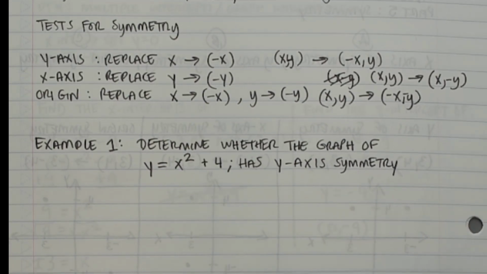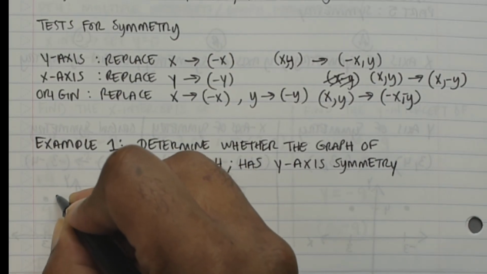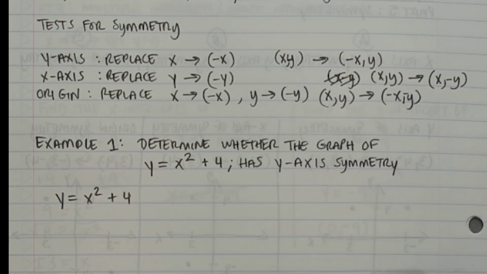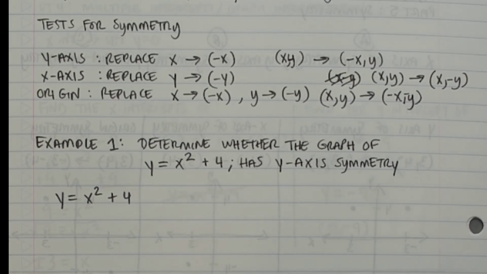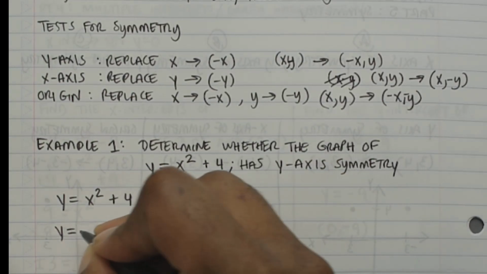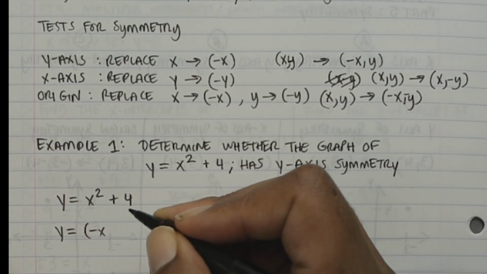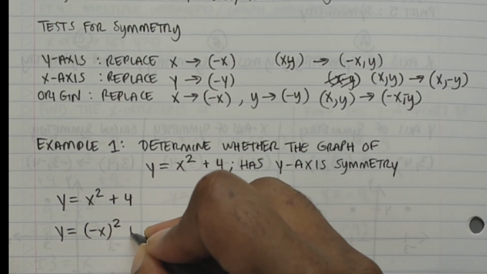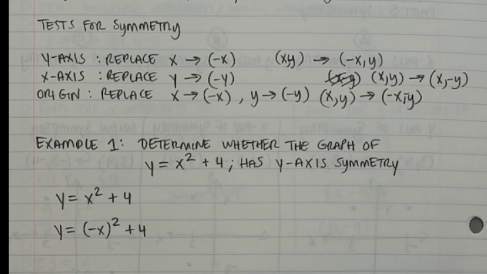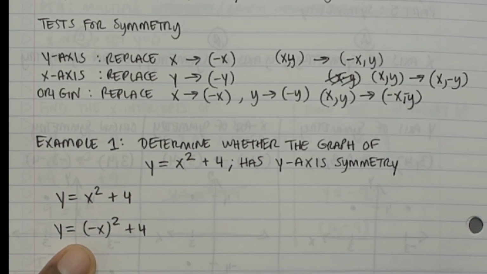Okay, so in doing that, we're going to take the equation y equals x squared plus 4. And again, we're going to change the positive x to a negative x. So again, that looks like this. Y equals negative x squared plus 4, because we want to determine whether this equation has y-axis symmetry.